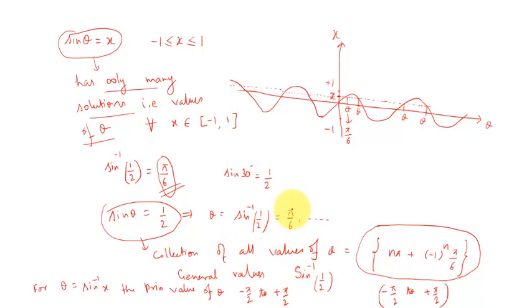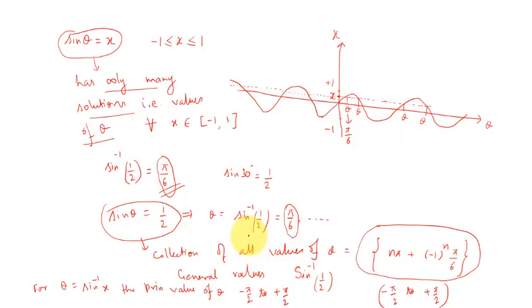Since here pi by 6 is the value lying between minus pi by 2 and plus pi by 2, and it also satisfies sine pi by 6 is equal to 1 over 2, here pi by 6 is the principal value of sine inverse 1 over 2.